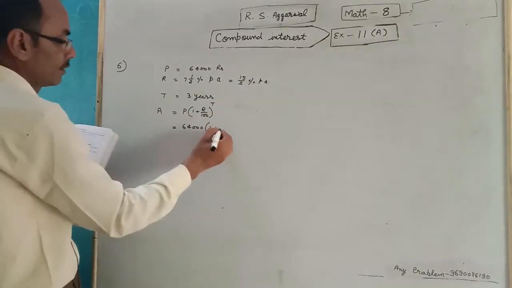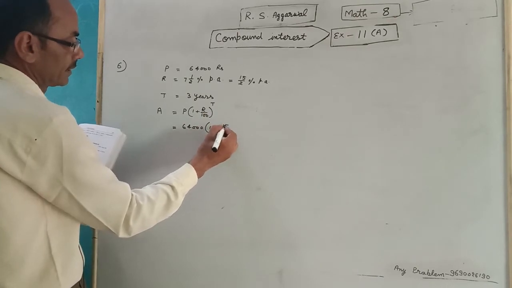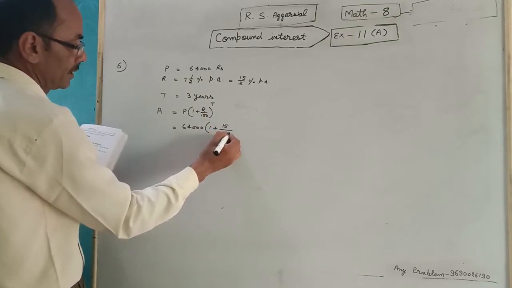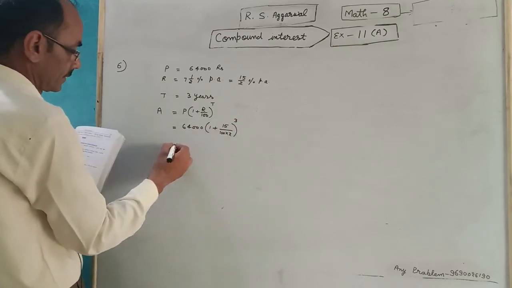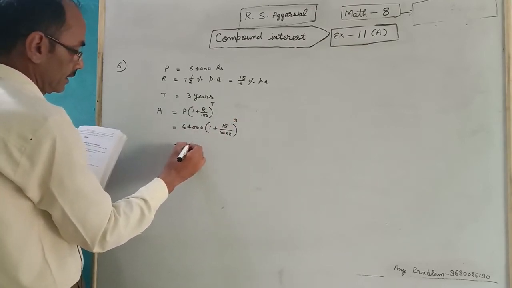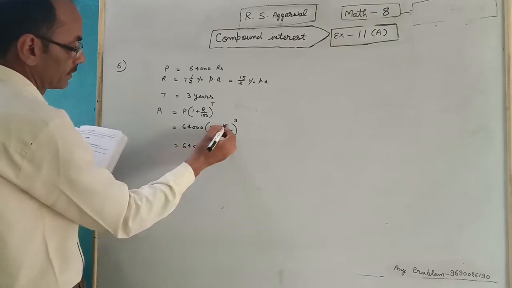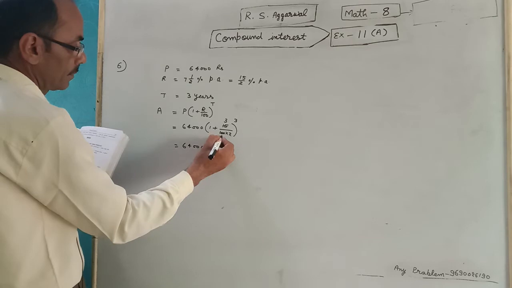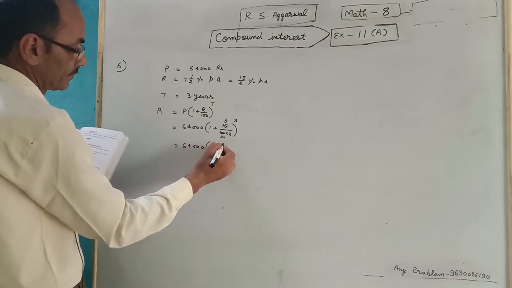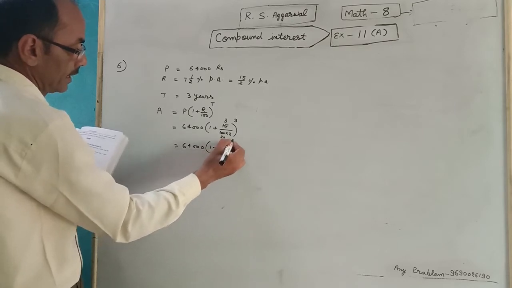So we write the value of R is 15 and 2 multiply 100. T value is 3. 64,000, 1 plus, divide by 5. 5 3 ja and 5 20 ja. 3/40 has power 3.